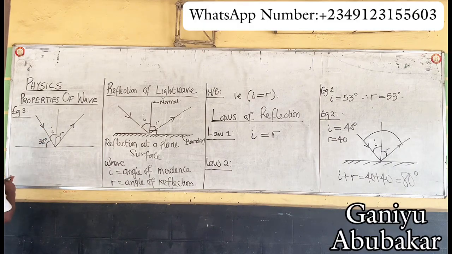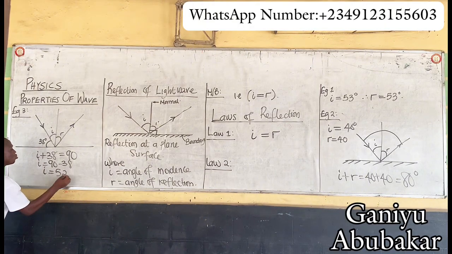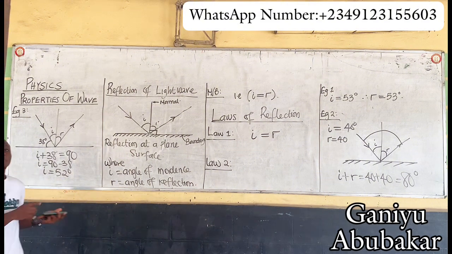So it's as easy as saying I plus 38 equals 90 degrees. From it, let's get I. I is equal to 90 minus 38. If I do my normal math, I is 52 degrees here.